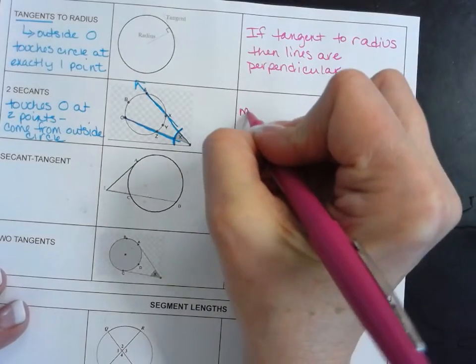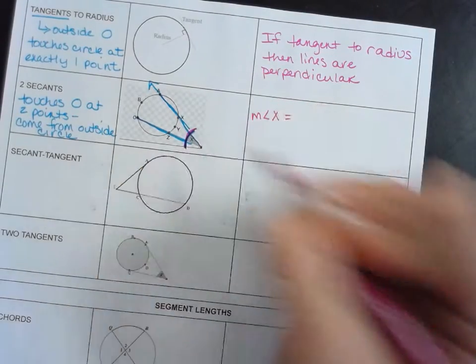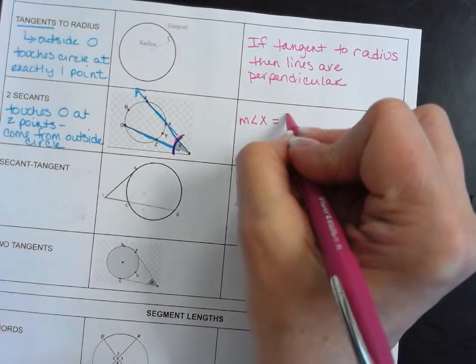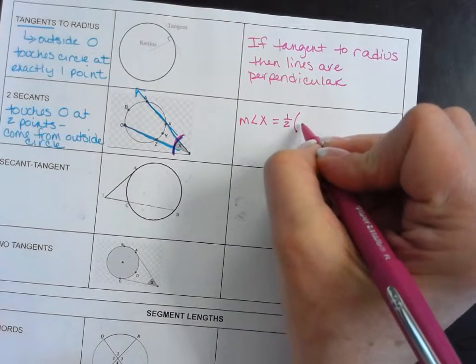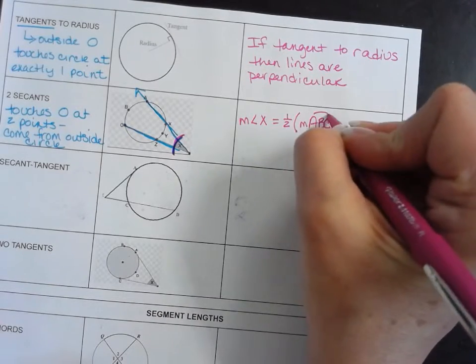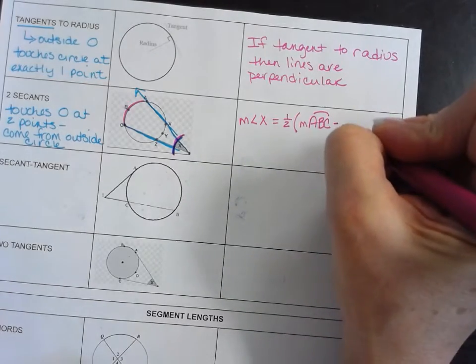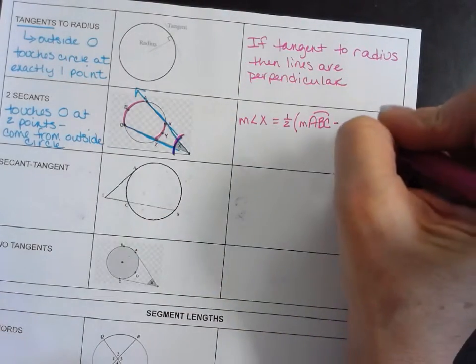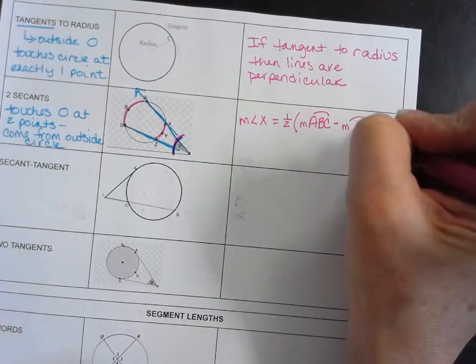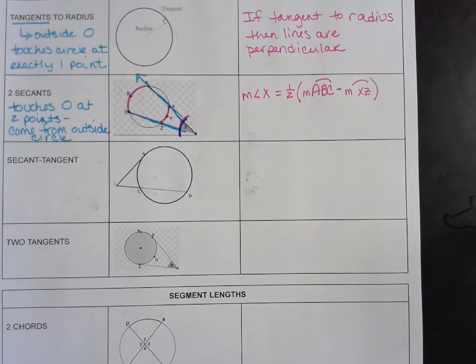Okay, the measure of angle X is going to be equal to 1/2 the measure of arc ABC, so this part here, minus the measure of arc XC. Does that ring bells? Because it was the bigger arc minus that little arc, cut in half.